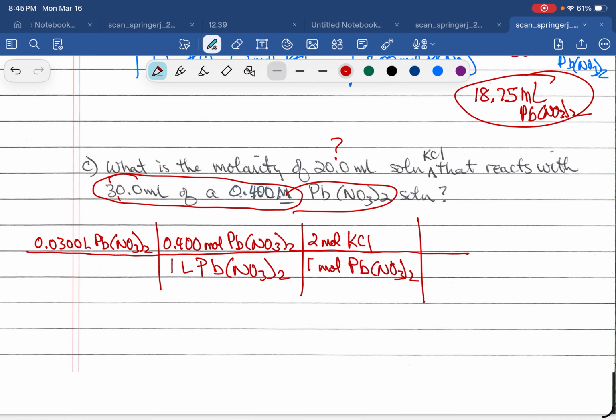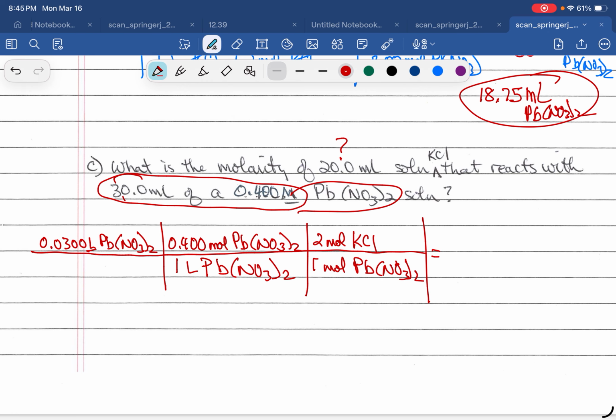And this time, I do think I should stop right here. Look, liters have canceled and moles have canceled. I've got moles of KCl. I'm looking for the molarity, so once I get the moles, I'll divide it by my liters and I'll get the molarity. So we'll go ahead and find moles at this point, and I get 0.024 moles KCl.